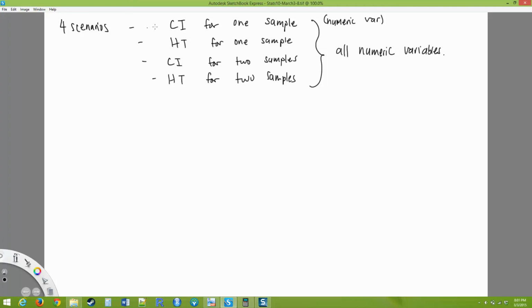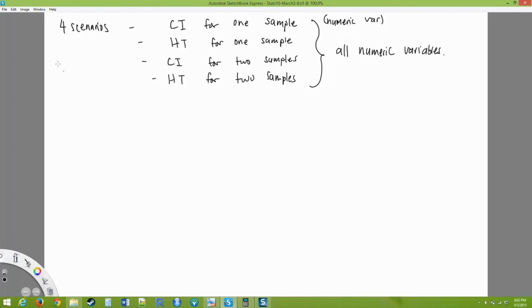If you can keep track of whether you're doing a confidence interval or hypothesis test, you're in good shape. The biggest mistake I see students make: they don't know whether they've got one sample or two samples. They don't know if they're doing a confidence interval or a hypothesis test. And then they also get their chapter 8 stuff mixed up. They don't know if they're dealing with a numeric variable or a categorical variable.